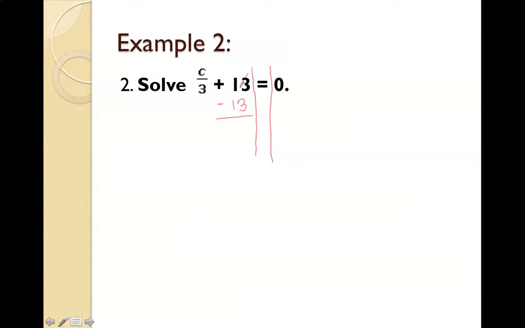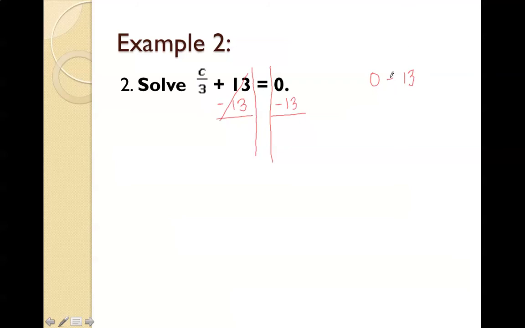Okay, so those cross out because I have a positive 13 and a negative 13, which give me 0, so that goes away. But the B, remember, stands for balance. So what I do to one side, I have to do to the other. So this side, I'm going to subtract 13. Now, I'm going to come over to the side and do my scratch work. I have 0 minus 13.